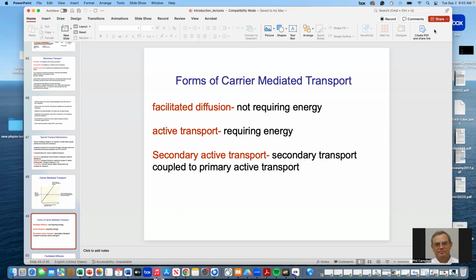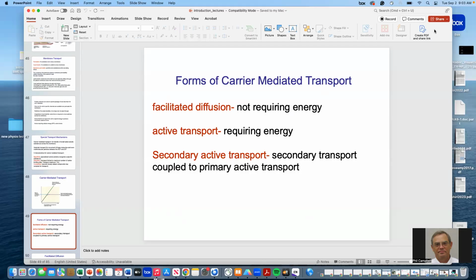The next one is active transport. In active transport, the way to think about this is you're going against the concentration gradient. In other words, you have a higher concentration outside versus inside, but the cell wants to get rid of stuff.